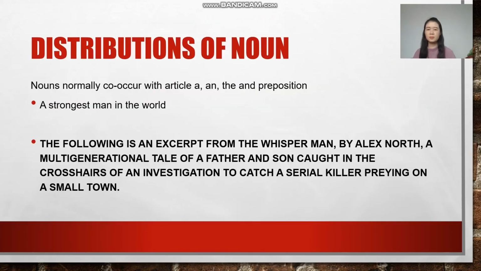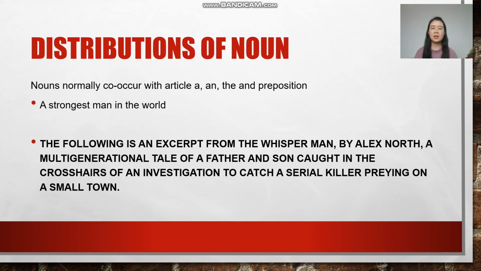Okay. And the last one is not only about the meaning, and not only about suffixation, but about the distribution of the noun, which can help you in identifying it. Nouns normally co-occur with articles, "a" and "the," and prepositions.